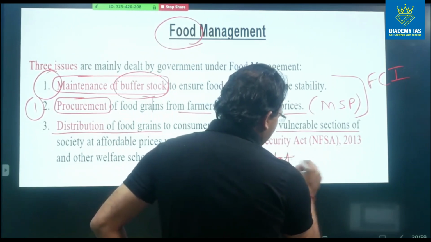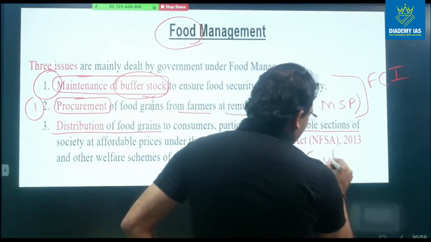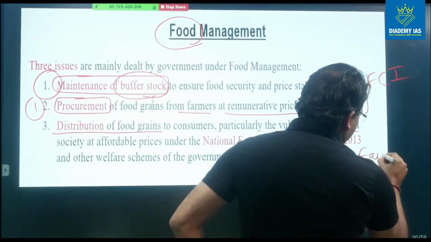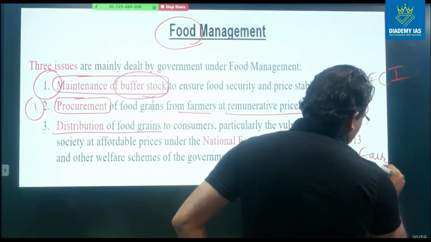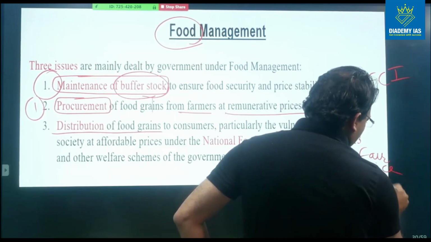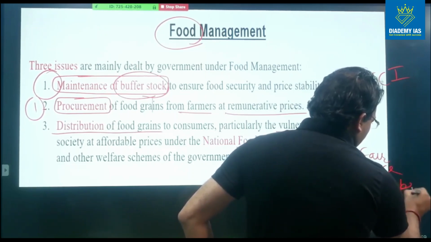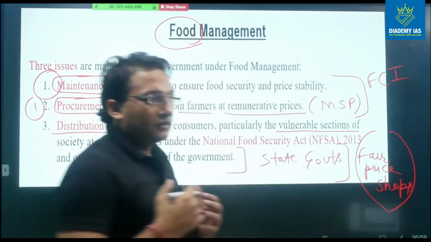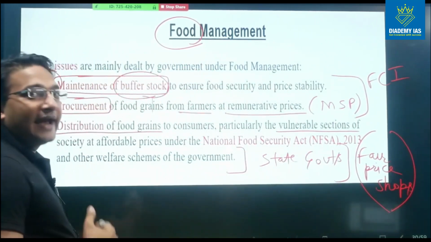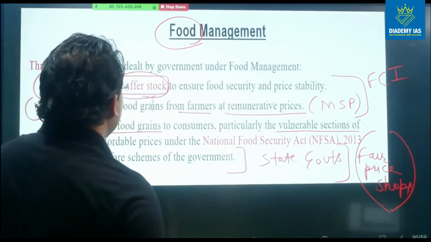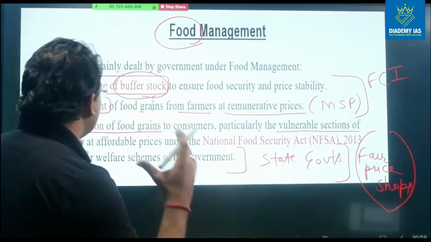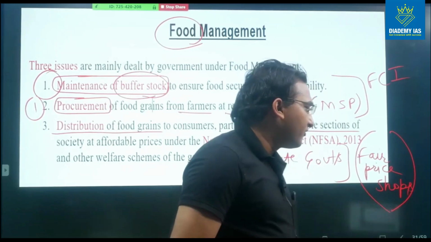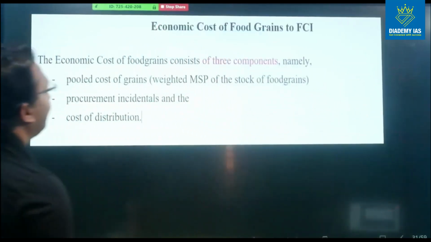So respective state governments, they have the fair price shops. So in the fair price shops, these goods are sold at a very affordable cost. So these are the 3 aspects which will be part of the food management.